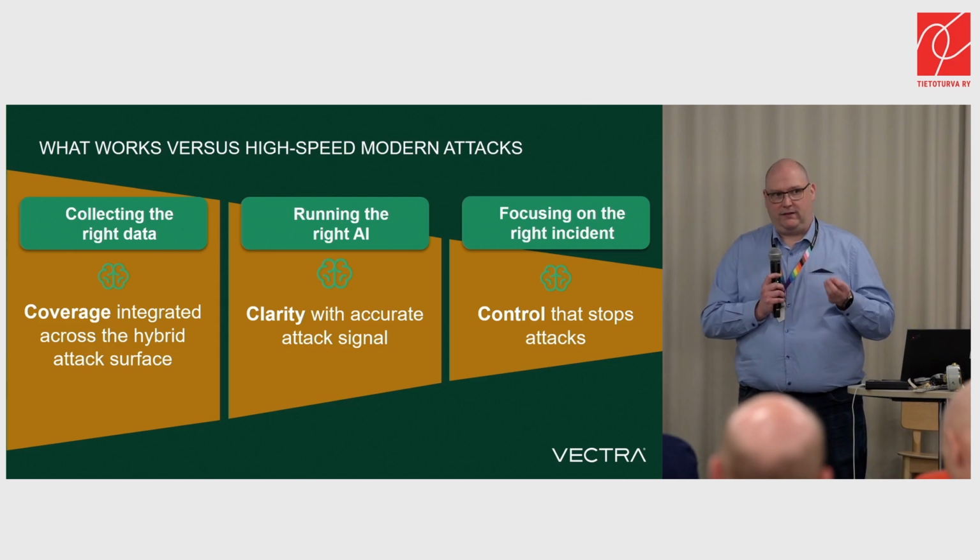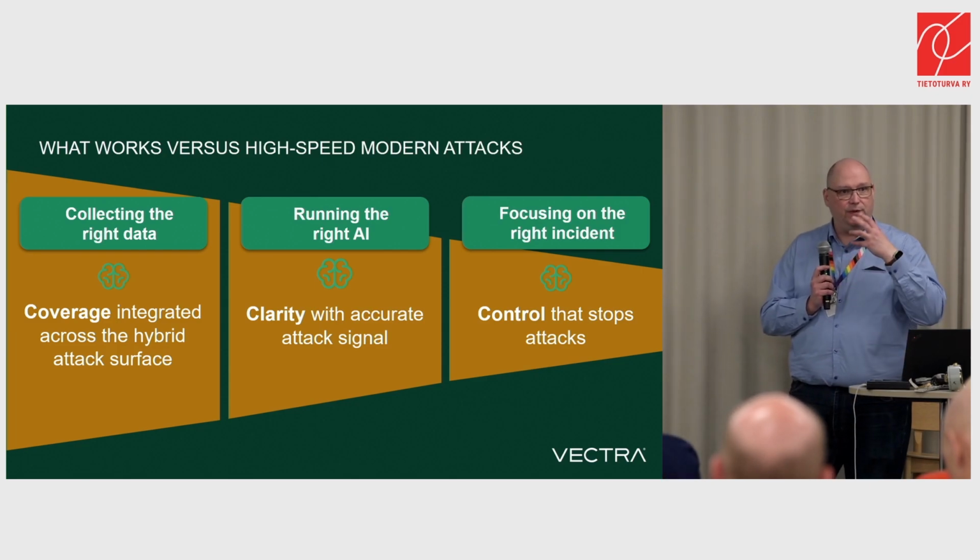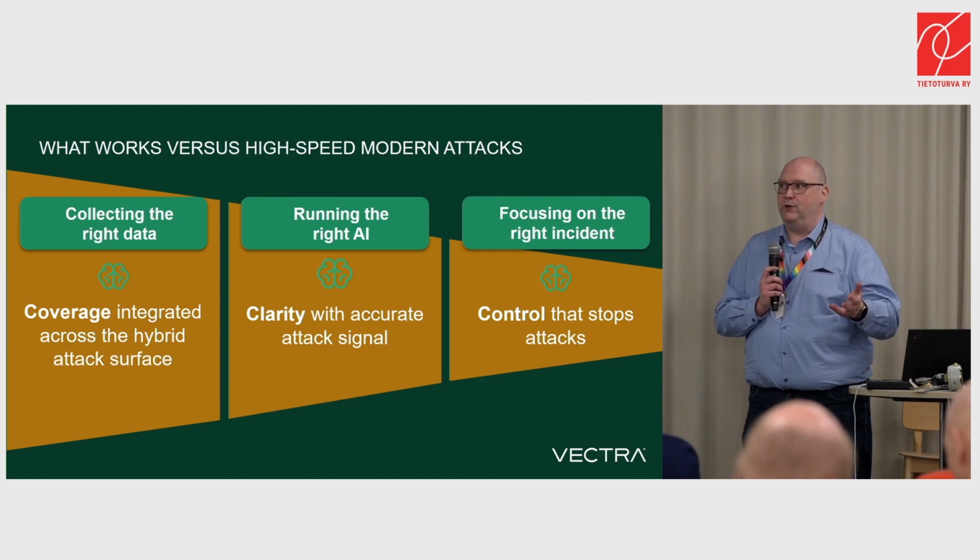It doesn't really matter what tools they are using. They still have to do the same behaviors. That is what we do: we look at the behavior. What are you doing on the network?